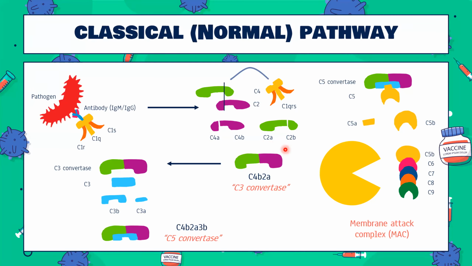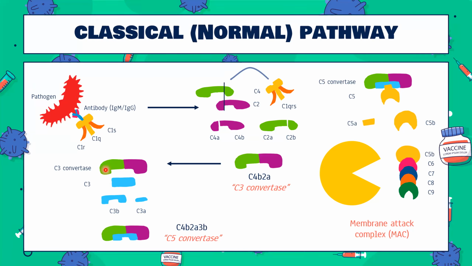These smaller proteins are going to be secreted as anaphylatoxins, and the larger ones are going to bind together to give me this type of structure here, which is my C4b2a, also called my C3 convertase. C3 convertase is going to act on C3 to cleave it into C3b and C3a.